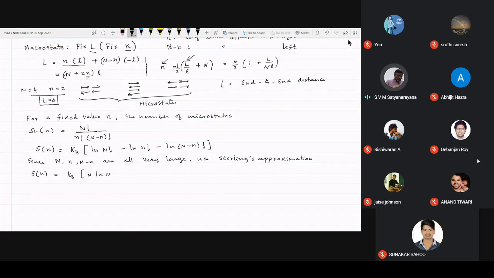Of course, that minus n will be there, and we know from previous calculation that will cancel. So I am going to write this equation directly: minus n logarithm of n minus... This will be our entropy.